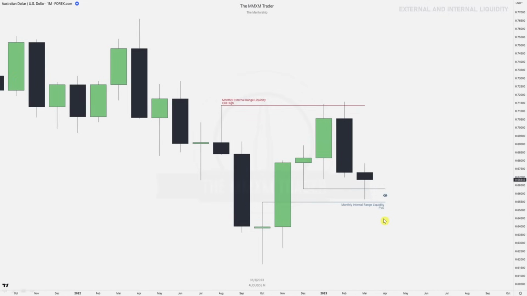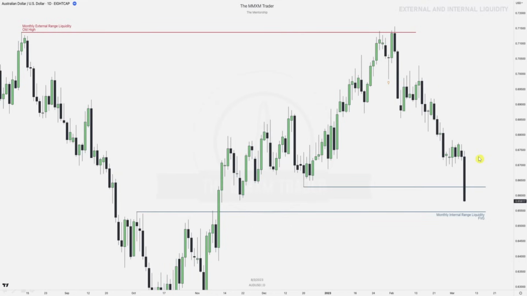We can see this monthly internal range liquidity in the form of a fair value gap gets stacked. Now, what happens afterwards? Let's look at this from a daily perspective. We take out the monthly external range liquidity. Now, using daily structure to frame our setups, what are we going to be waiting for?